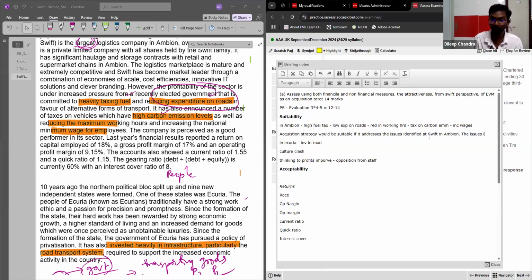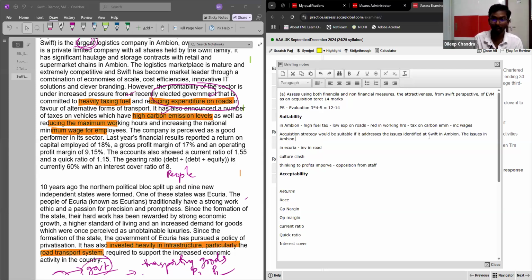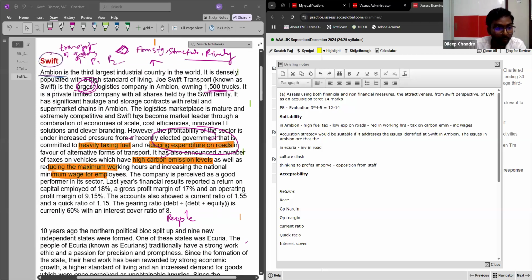Now I'll say what those issues are. The issues in ambient are that the... just let me see here. Did I mention everything? Largest logistic company, significant haulage storage. The logistic is mature and extremely competitive.